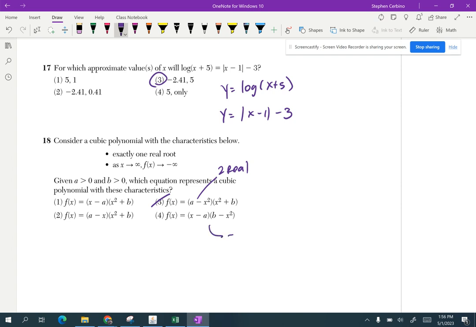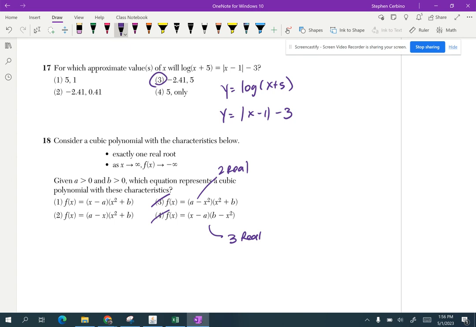Choice 4 is going to give us 3 real answers because it's subtraction. Remember, if you have subtraction of squares, it's going to be 2 real answers. X squared plus b is going to be 2 non-real answers. So choices 1 and 2 both have one real answer coming from x minus a and a minus x, which leads us to the second part of information.